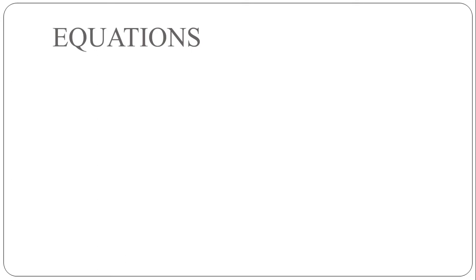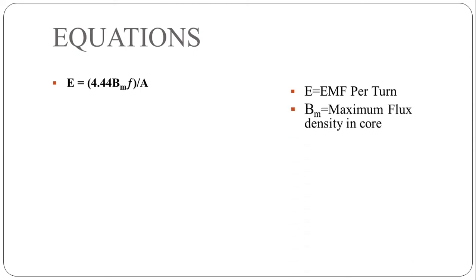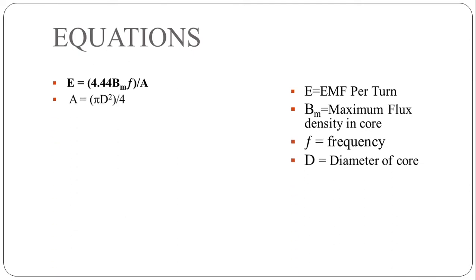Now we will derive a very important derivation that is associated with the design of a transformer. We know that the EMF equation of a transformer is E = 4.44 Bm f A, where E is the EMF per turn, Bm is the maximum flux density, f is the frequency, and A is the area of the core.